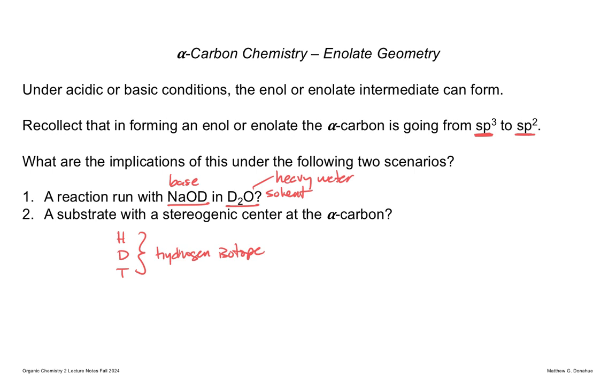And just for question number 1, say we were starting with acetone, and we treated that with NaOD and D2O. Those things look the same. Sodium hydroxide and sodium deuteroxide look the same.